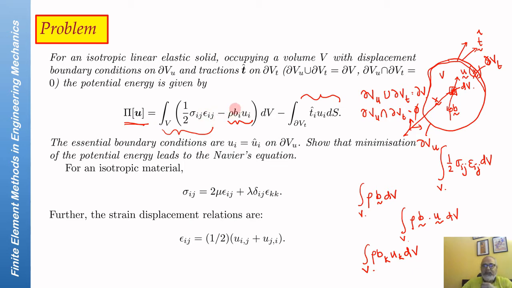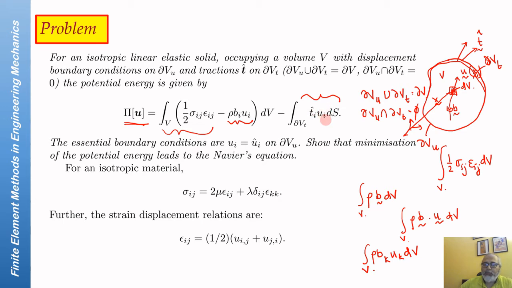And this is a function of three variables, the three components of the displacement, each of which is a function of three independent variables only. So this is a functional which depends on three functions, each of which is a function of three variables, and their derivatives.